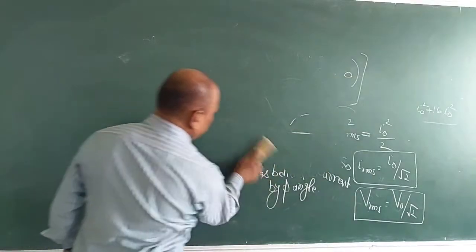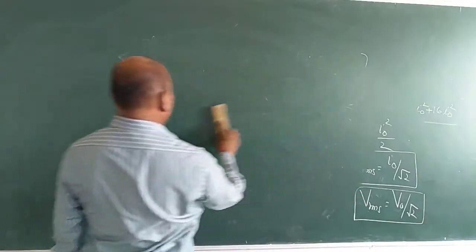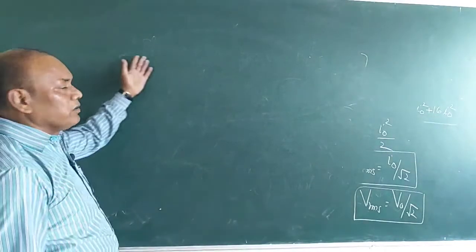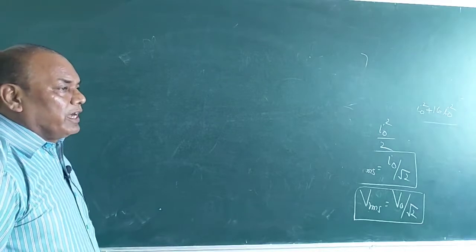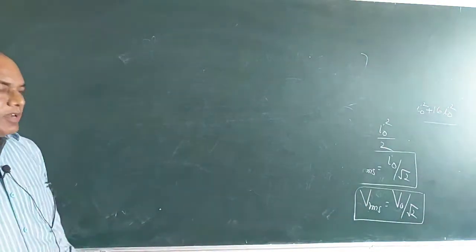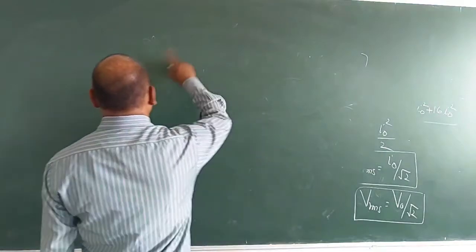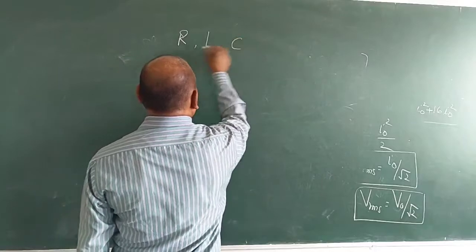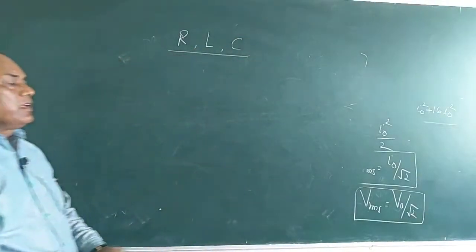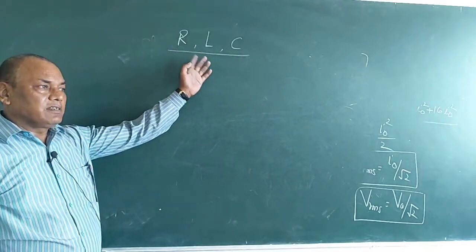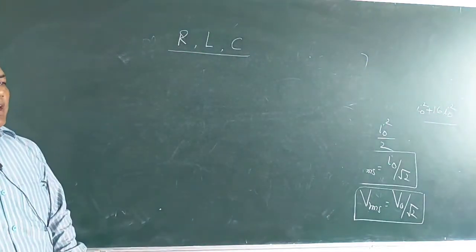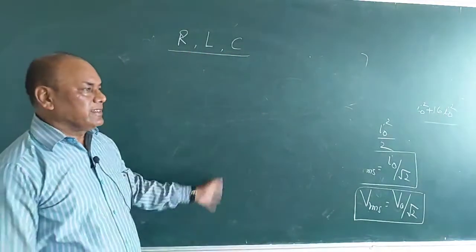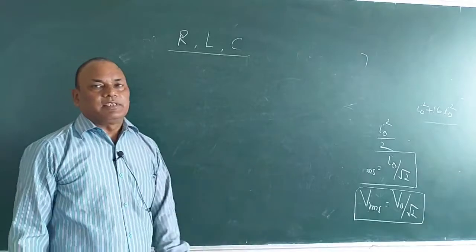Now this phase difference between voltage and current we have to study in several parts of the circuits. Since in a circuit there is a resistance, inductor and capacitor, we have to find what is the nature of voltage and current in the case of resistance, inductor and capacitor.